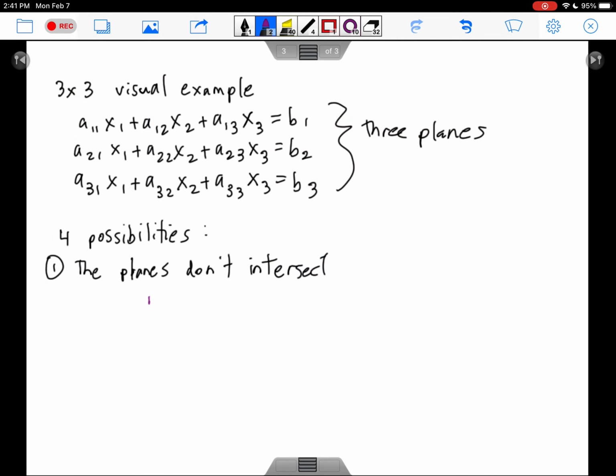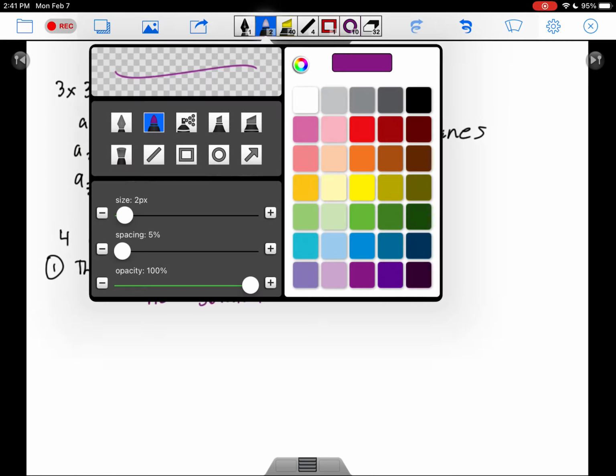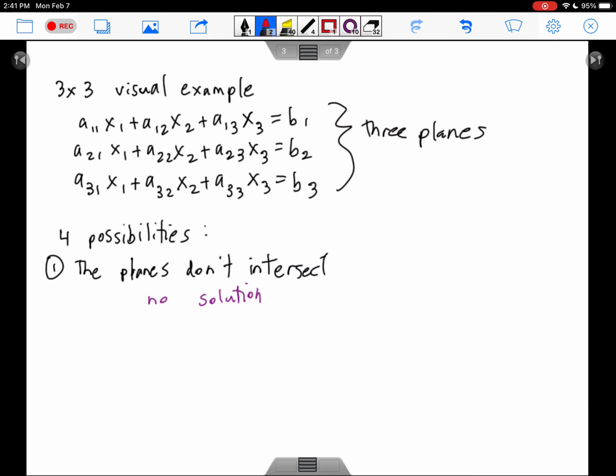How many solutions do we have? We have no solutions. And so we have a name for this. This is called an inconsistent system. In other words, the equations don't agree with each other, right? They don't meet anywhere. They're inconsistent.